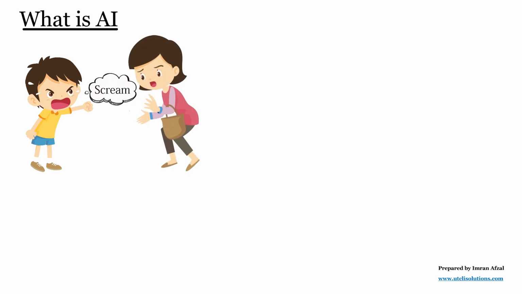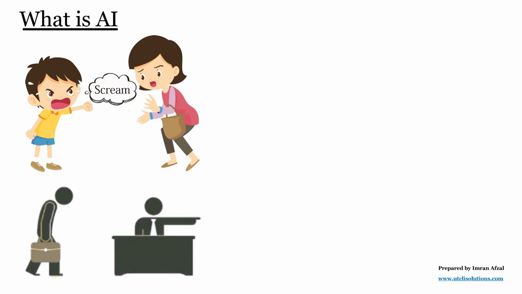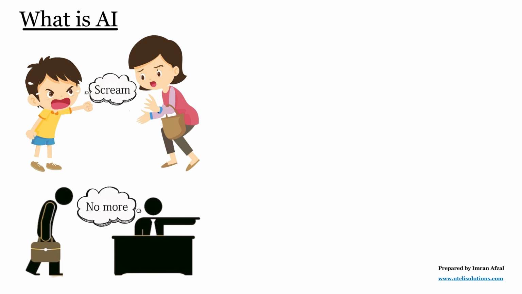So the child will learn not to scream or try not to scream. Another example would be an adult who learns that if he comes to work late most of the time, then he can lose his job, right? That's a learning curve. So these are all examples of learning.